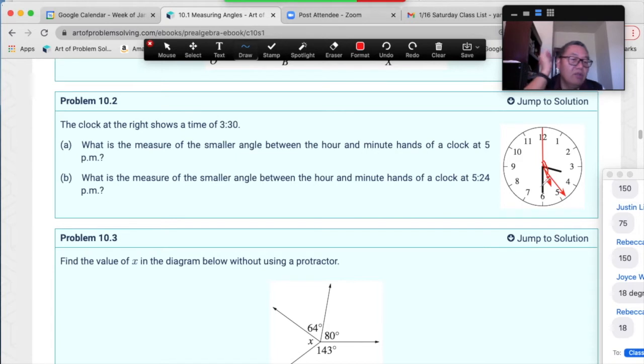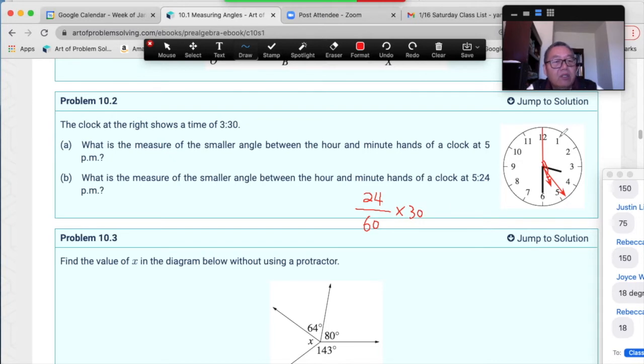So let's say for the hours hand, it has passed 24 minutes, then this divided by 60 minutes converts to hours, right? When the hours hand moves 1 hour, it passes 30 degrees.